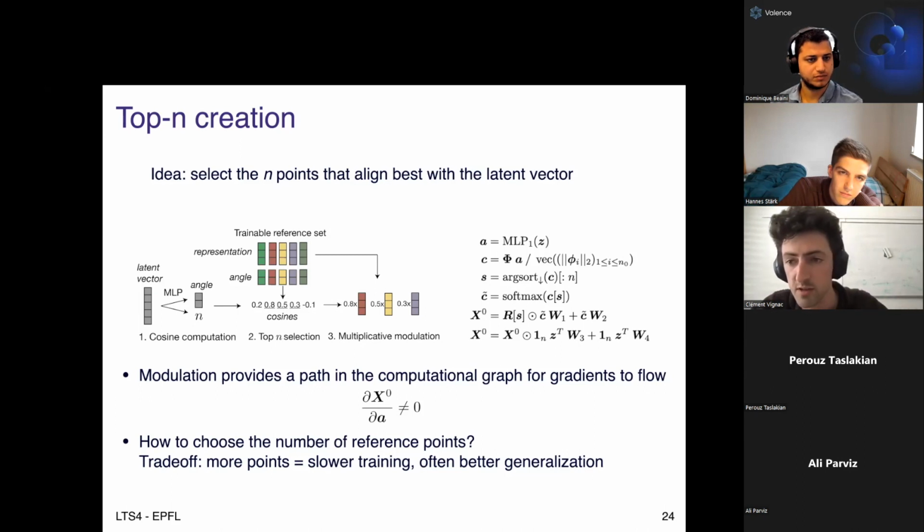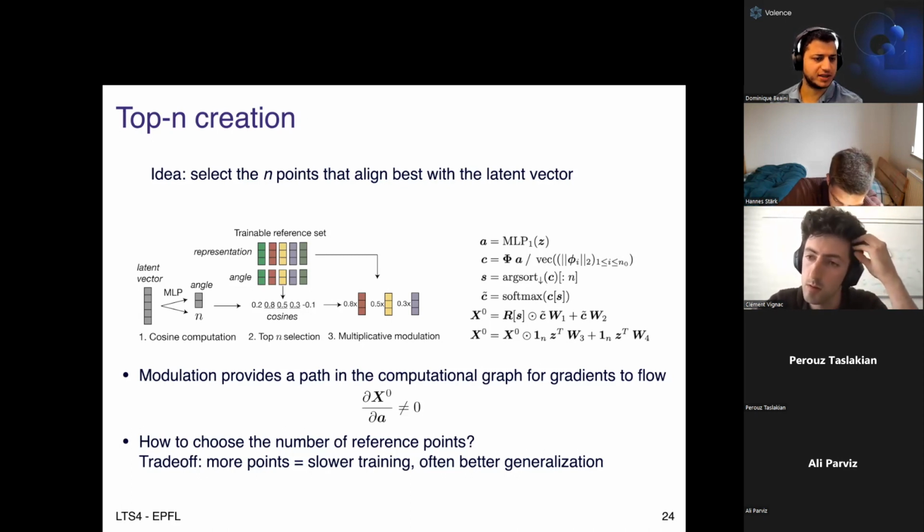One is a representation and the other is the angle. So you can have two points that have a similar angle, which means that they are usually going to be picked together, but still they have completely distinct representations. So that's a way to avoid selecting only points that are similar to each other.